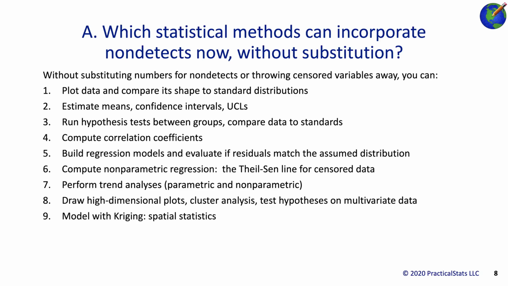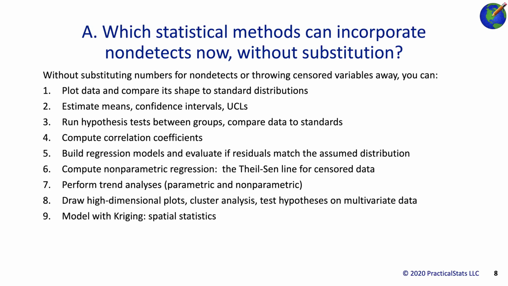It helps you decide, if they're not that way, what you should do with the data, like transform the y variable, take logs of the y variable, etc. You can build fancy multiple regression models. You can compute non-parametric regression. What I mean by that is the Thiel-Sen line that you're familiar with, perhaps. It's used a lot in trend analysis. And you can do that for censored data. It's then called the Akritis-Thiel-Sen line.